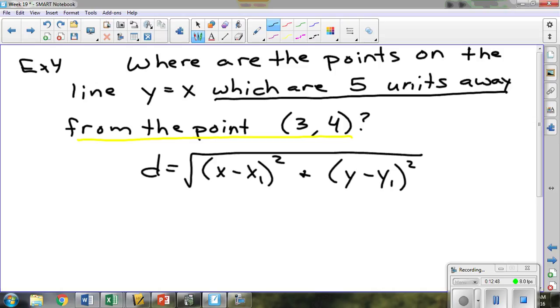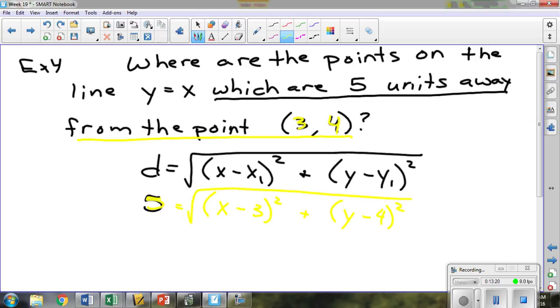Well, which pieces do we know? Which pieces can we plug in? Well, we know the distance is equal to 5 because it's 5 units away. We know the x-coordinate, x1, is equal to 3. We know the y-coordinate, y1, is 4.